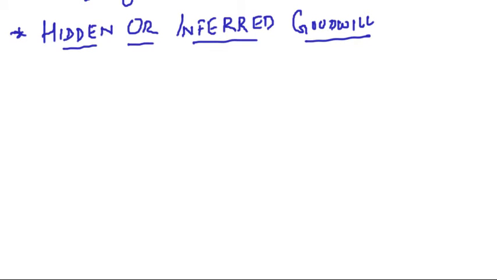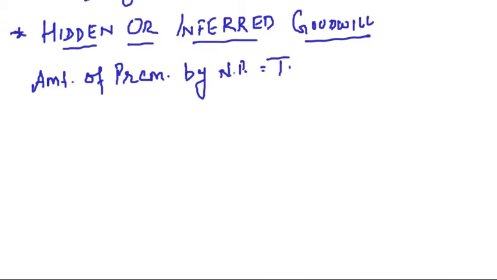Before this I told you, if you have gone through the previous lectures, how we calculate the amount of premium to be brought in by the new partner. This is total goodwill multiplied by the new partner's share in profit.